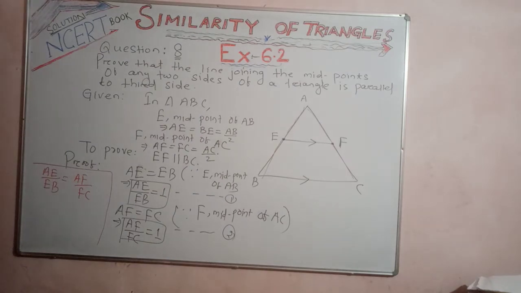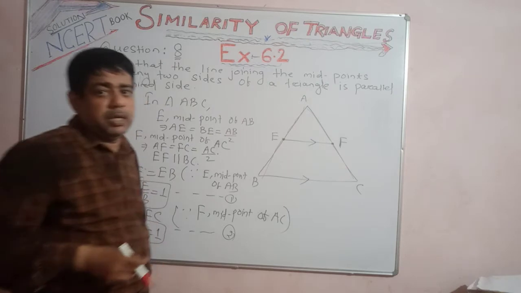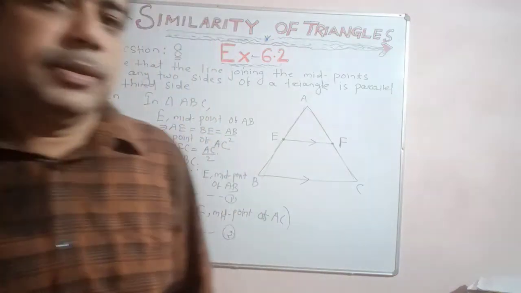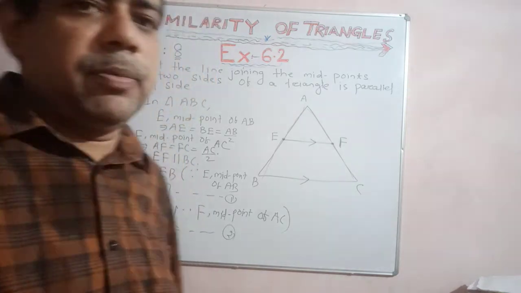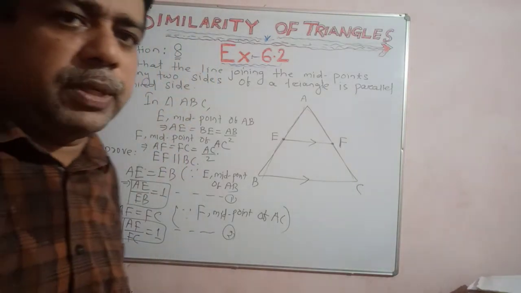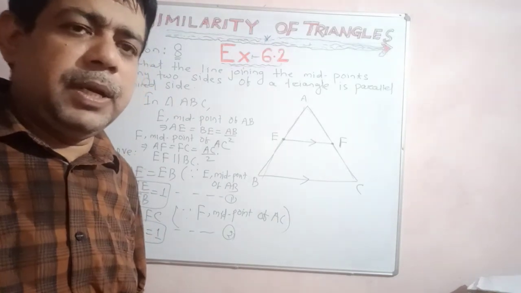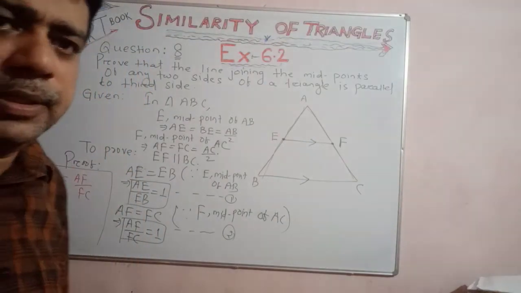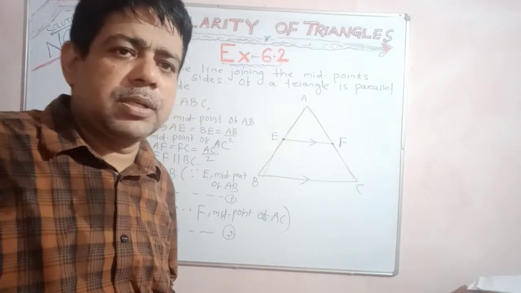Now, according to the converse basic proportionality theorem, which we are using here, what is the statement? If a line intersects two sides of a triangle in the same ratio, it is parallel to the third side.